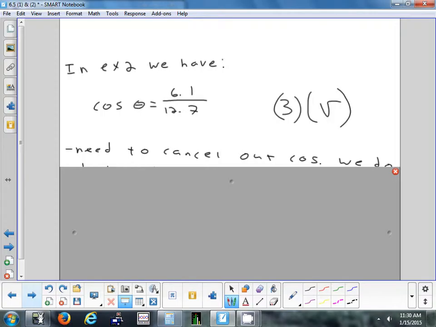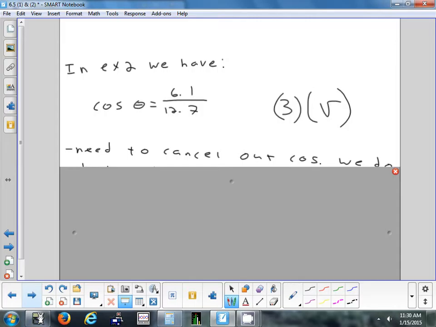A function is something you have to plug a number into. But it's a good thought. Anybody know another way to cancel out a function?